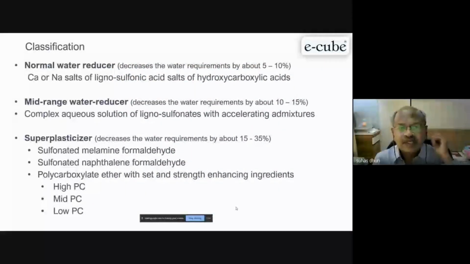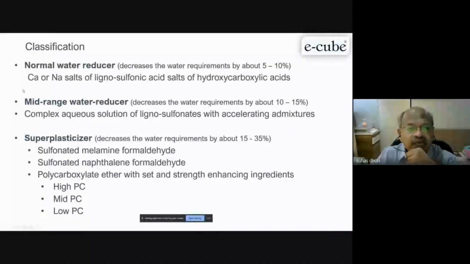So in classification, we have normal water reducer where water can be reduced 5 to 10% from the control water. When you are saying the water reduction from the control, suppose I got 50 mm slump with X water content. So keeping the same slump, I can reduce the water content and take the advantage of reducing the cement, with a normal water reducing agent.